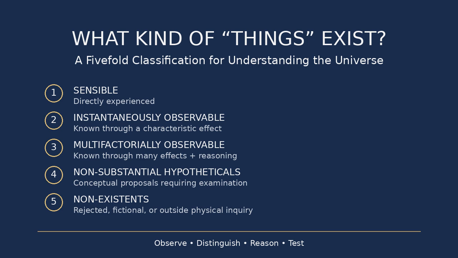Conceptual or theoretical proposals, whose physical interpretation or independent reality must not be assumed merely from their existence as ideas. Category 5. Non-existence. Claims or entities that have been rejected by evidence, lie outside physical inquiry, or belong to fiction rather than nature.